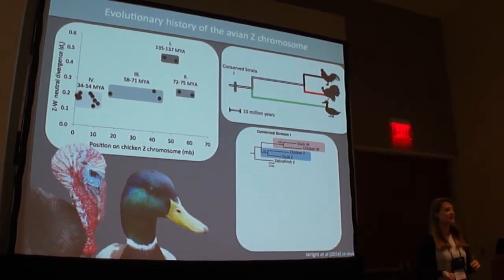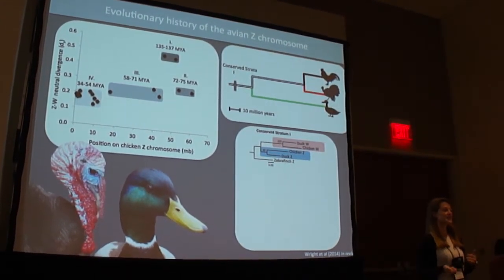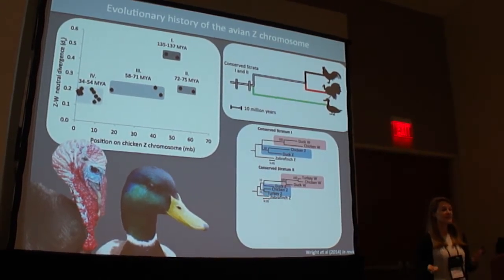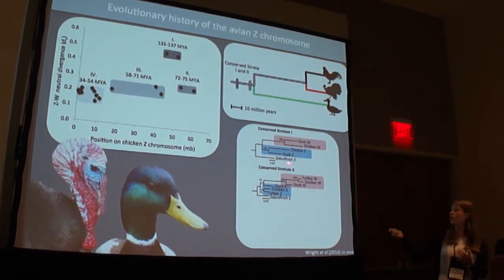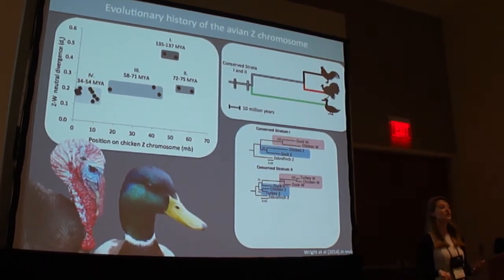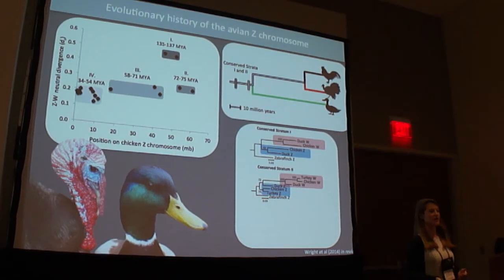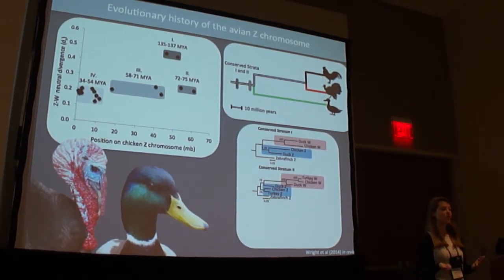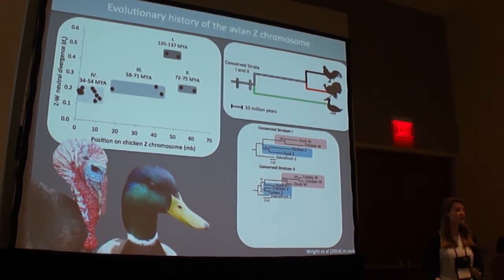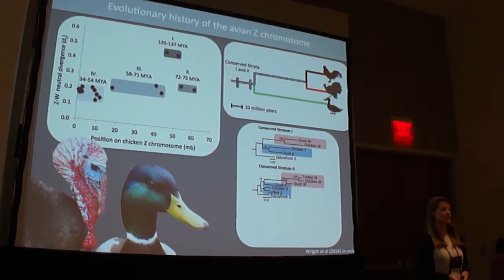And you see exactly the same pattern when you look at genes located in stratum 2, where orthologs cluster together by sex chromosome, so W-linked orthologs in red and Z-linked orthologs in blue, and they don't cluster together by species. And so this really suggests that the oldest two strata evolved in the common ancestor of these species and are conserved across the Galloanseriformes.